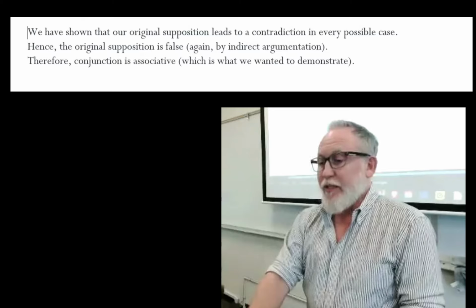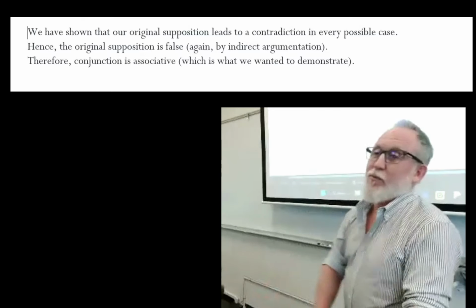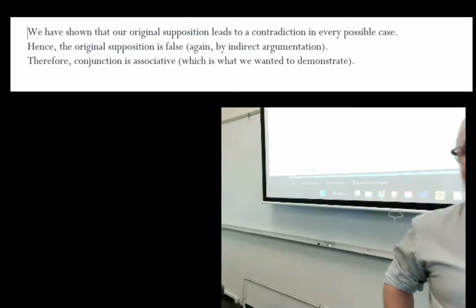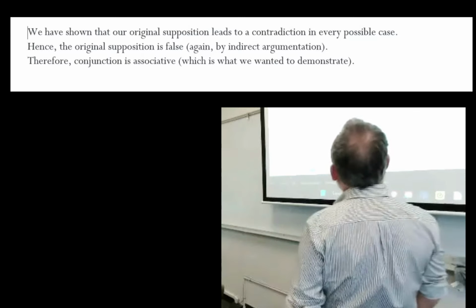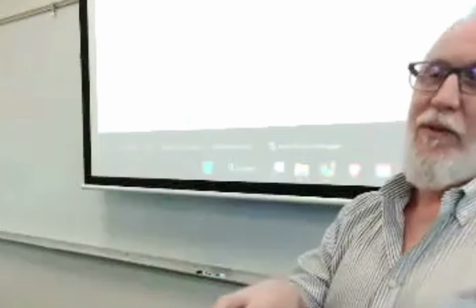Therefore, conjunction is associative, which is what we actually wanted to demonstrate. So that's what an indirect proof, sometimes referred to as reductio ad absurdum, reducing to absurdity or reducing to contradiction, is. That's a more traditional approach.